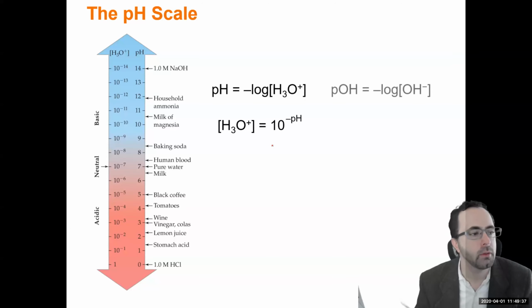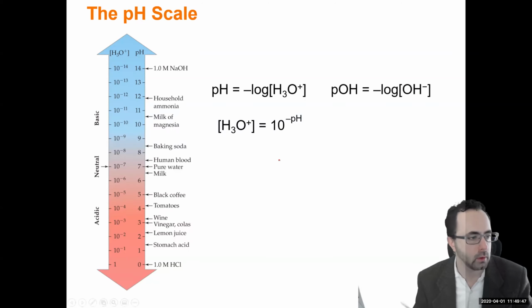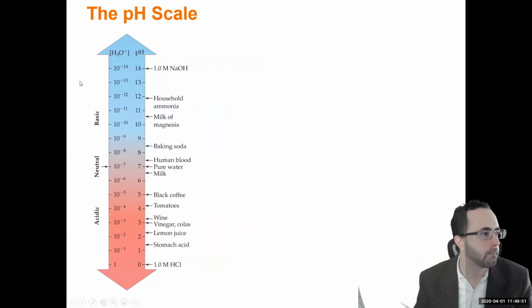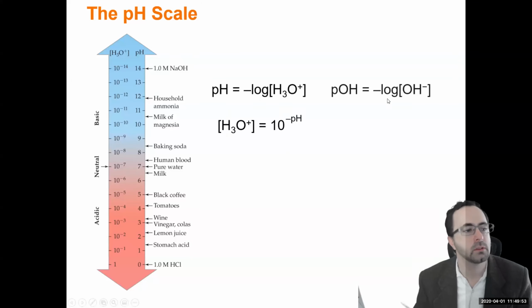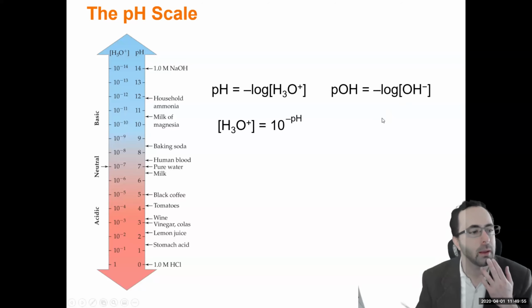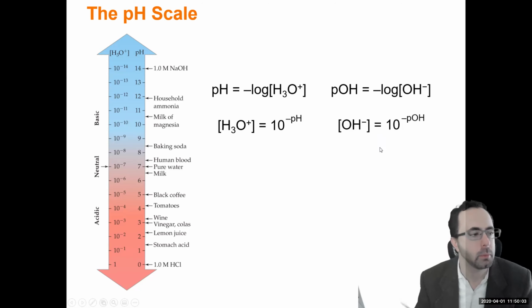Now there's also a value called pOH, which, like pH, is just the negative log, but it's the negative log of the hydroxide concentration instead of the hydronium concentration. We can do the same type of algebra: multiply both sides by -1, take 10 to the power of both sides, and we have the concentration of hydroxide is 10 to the minus pOH.